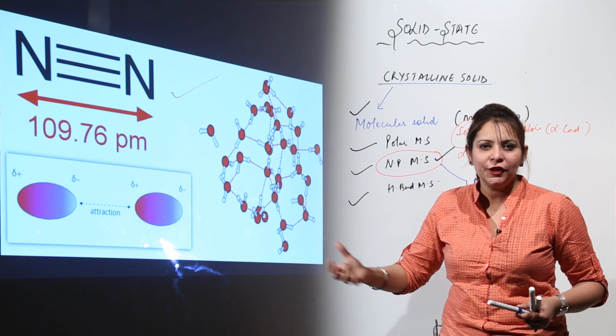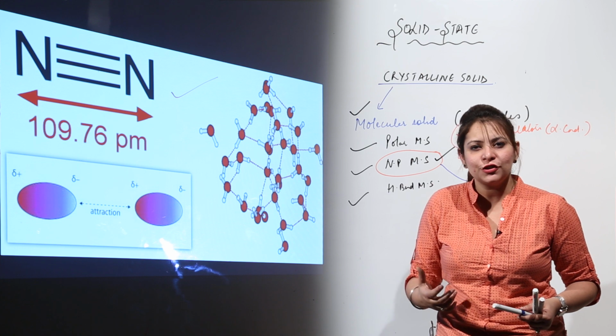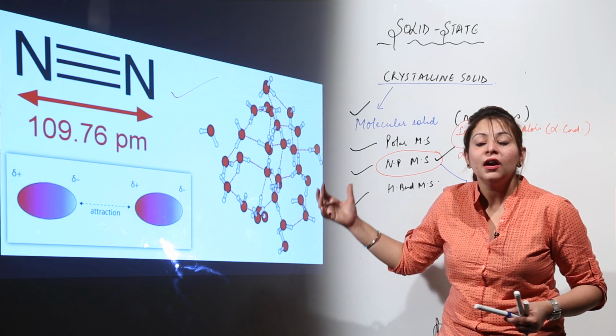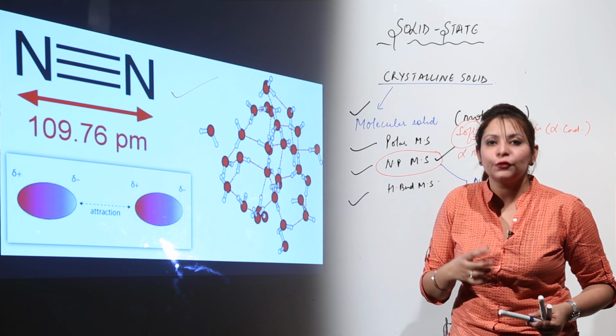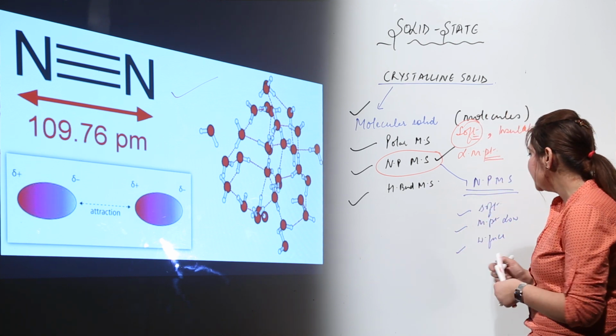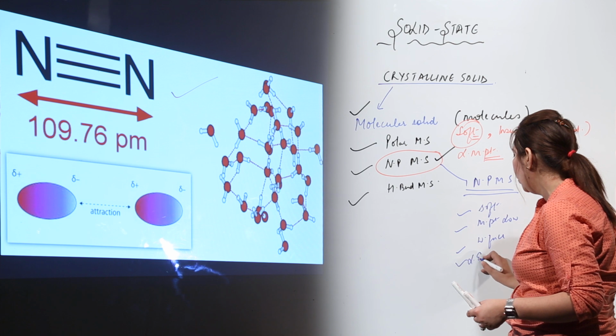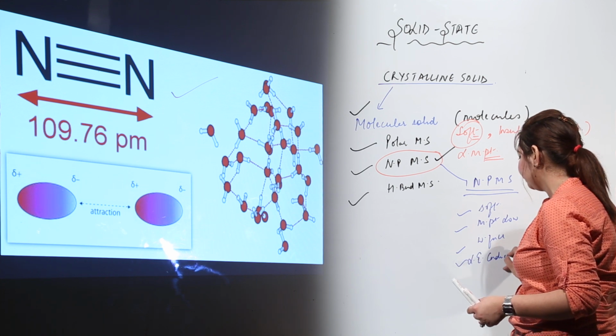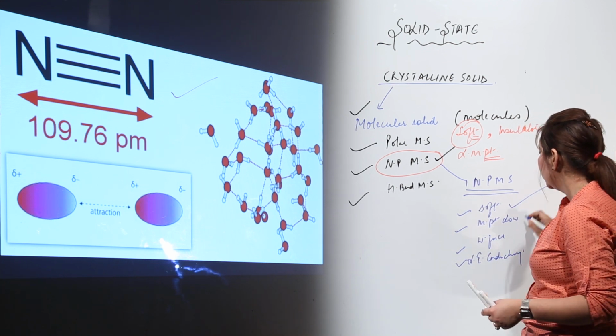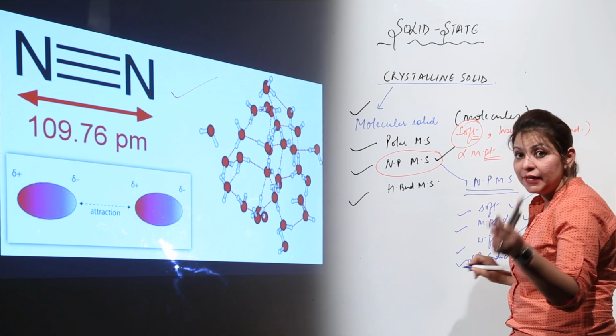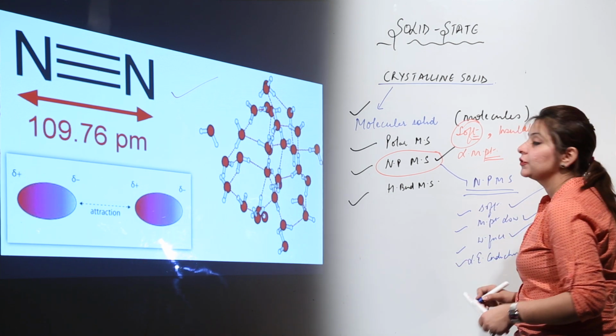Because it is a neutral molecule, they have equal attraction for the shared pair, so compared to others it has a weak force. And it has very low electrical conductivity. So it is soft, has a low melting point, a weak force and low electrical conductivity.